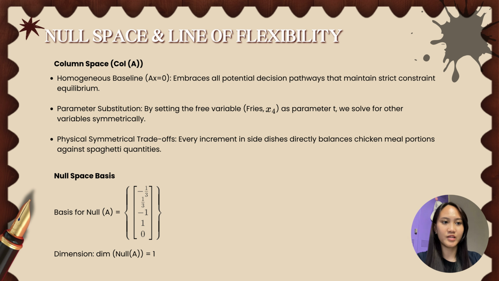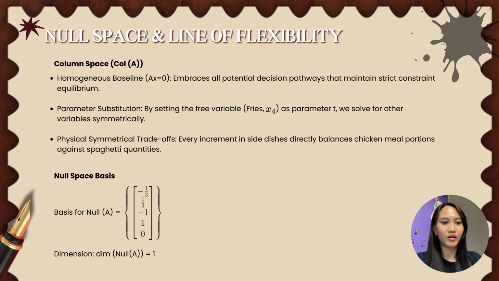Because we have 5 decision variables but a rank of only 4, we mathematically end up with a nullity of 1. This dimension of 1 means we can perform parameter substitution by setting our free variable, which is x4, or the portion of fries, as the parameter t.